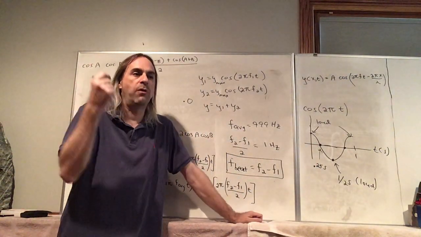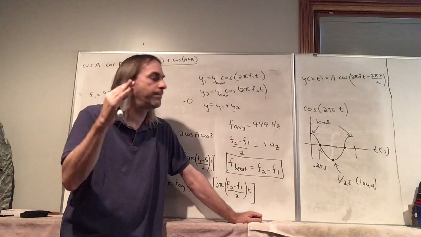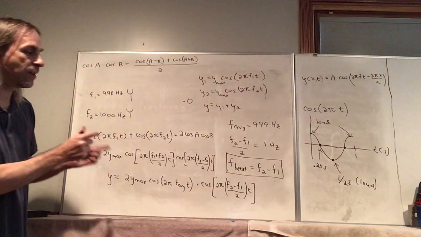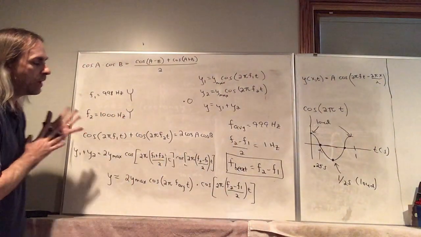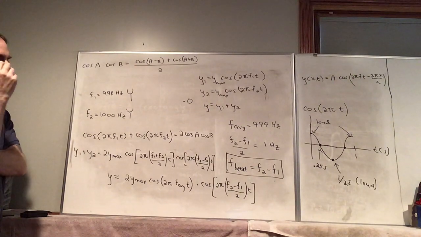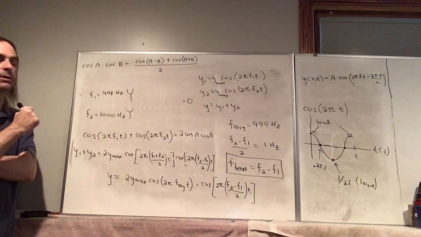You'll notice the sound go from maximum amplitude down to 0. You'll hear it rising and falling. And the closer these are, this is the frequency, F2 minus F1, that's called the beat frequency. And remember, the period is 1 over the frequency.